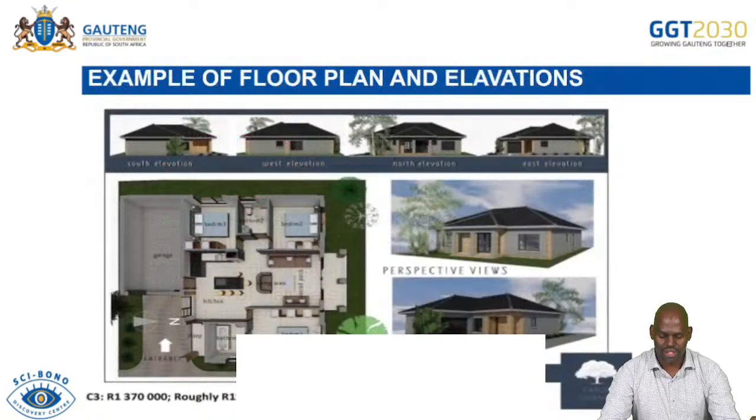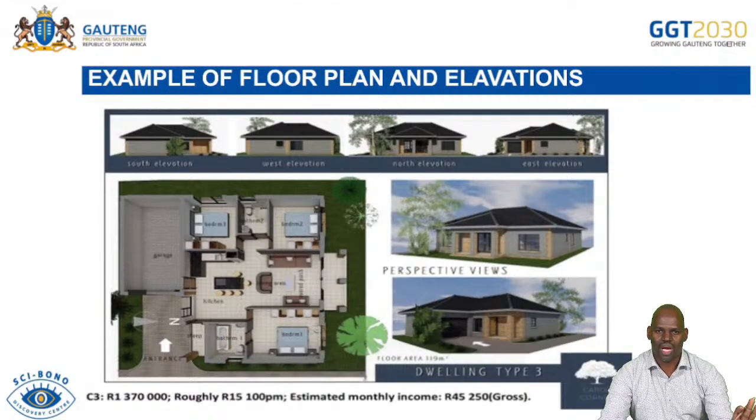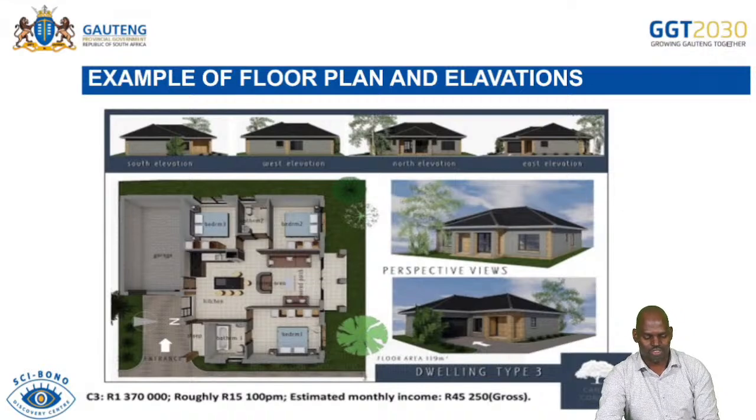Right, boys and girls, you might have seen a picture similar to this one. Maybe at your house they are building a house, or your neighbors are building a house. The most important thing that they have to do is to come up with a plan. This is an example of a floor plan and elevations.